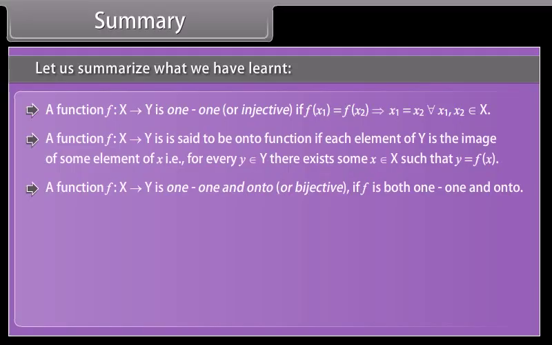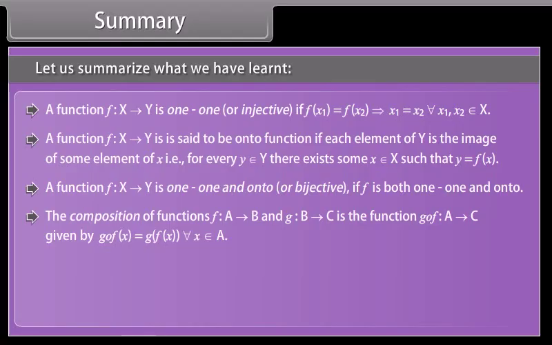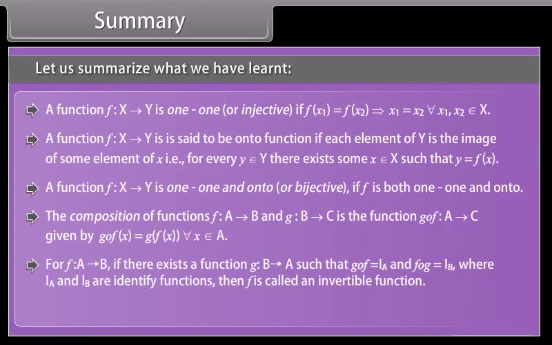The composition of functions f from A to B and g from B to C is the function gof from A to C given by gof(x) = g(f(x)) for each x belongs to A. For function f from A to B, if there exists a function g from B to A such that gof = IA and fog = IB, where IA and IB are identity functions, then f is called an invertible function.